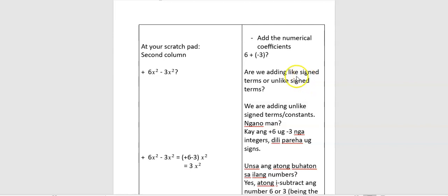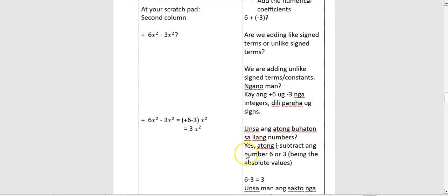Are we adding like sign terms? Pareha ba sila og sign or dili? Dili. Ang usa positive, usa negative. So, we are adding unlike sign terms or unlike sign constant. Again, kay ang 6 positive, ug ang 3 negative. Dili pareha ang sign. Unsa ang atong buhaton sa ilang numbers?